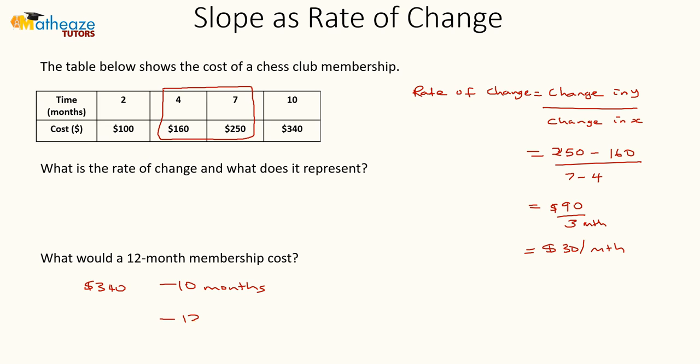So to 12 months, you have 2 months here. And so it's $30 per month. So we're going to add 60 because 2 times 30 is 60. So we're going to have $400 for a 12-month membership.